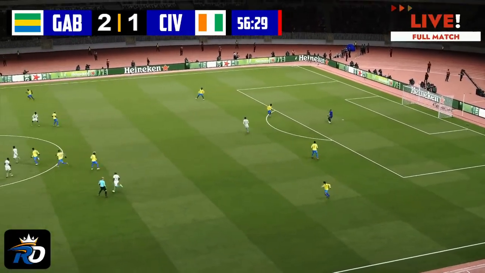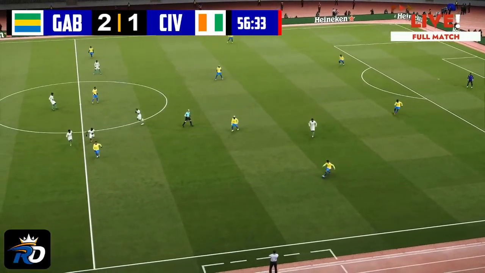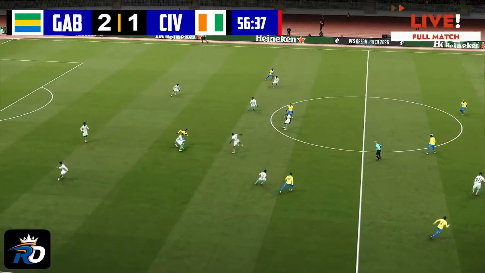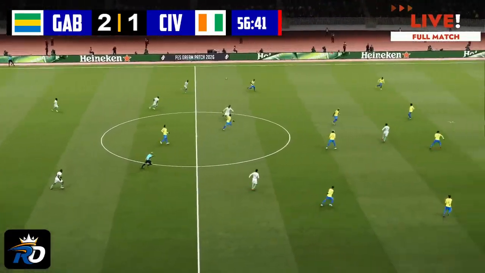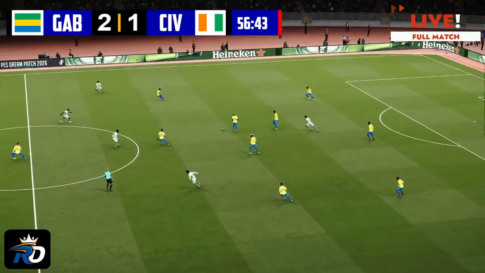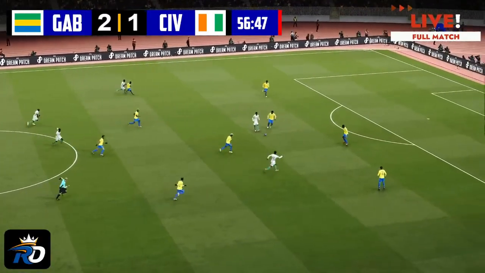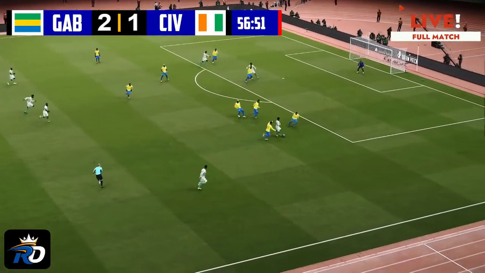Yes, with space he tries to generate some situation. I notice that beyond Ivory Coast having general control of the ball, they are a little more imprecise, and I would even say nervous. That's why Gabon is trying to take advantage of a great play on the left sector, a cross that he couldn't connect, he was very close.